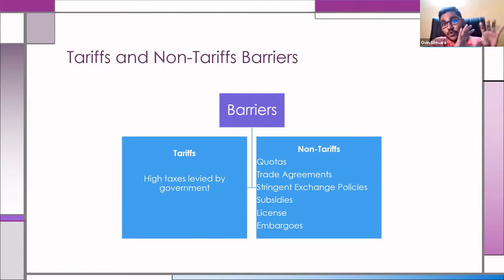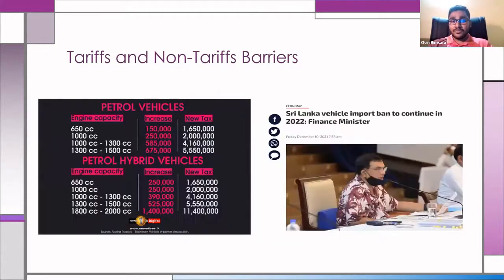So they have been cornered from the rest of the world. Because of that, they can't do any transactions with them. So these are the tariffs and non-tariff barriers that we can see that will interfere with the free trade that occurs between countries.